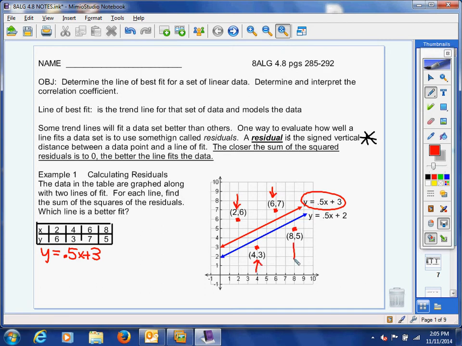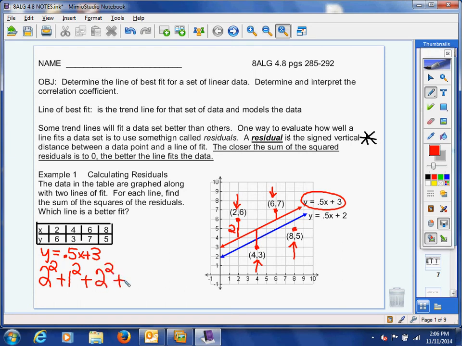We're going to count how far away from the red line they are vertically, not at an angle, straight up and down. (2, 6) is 2 units away, so we write 2 squared plus. Let's go over to (6, 7). It's 1 unit away, so write 1 squared and then a plus sign. (4, 3) is 2 units away, so that's 2 squared.